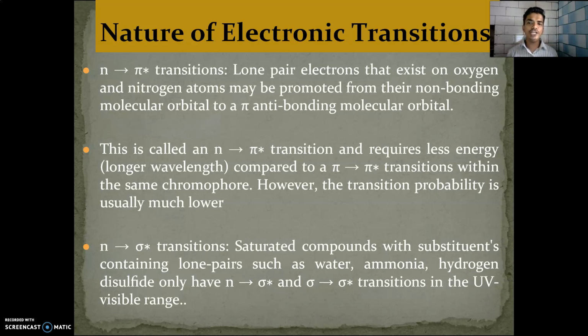Then next is the n to sigma star transition. n is for non-bonding and sigma star is the single bond anti-bonding orbital. So saturated compounds with substituents containing lone pairs of electrons, like water, ammonia, hydrogen sulfide, only have n to sigma star and sigma to sigma star transitions in the UV-visible radiation.